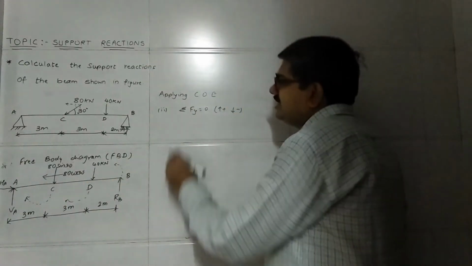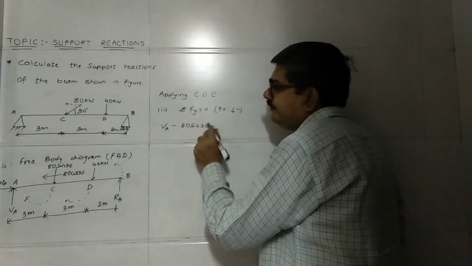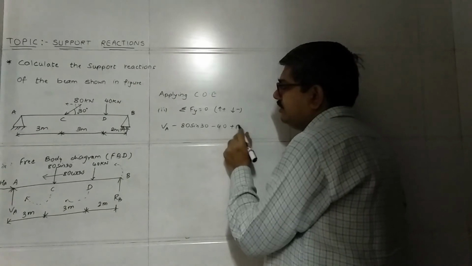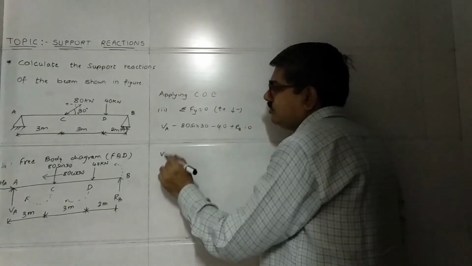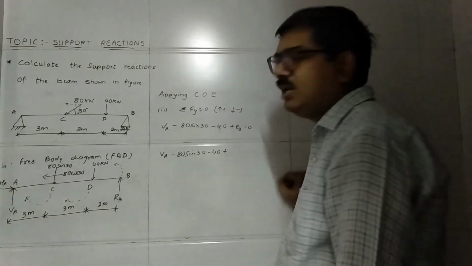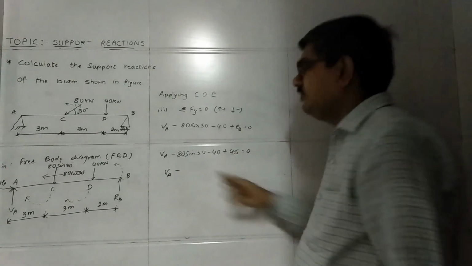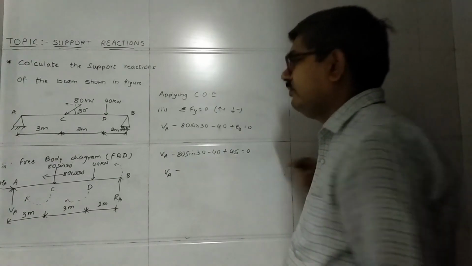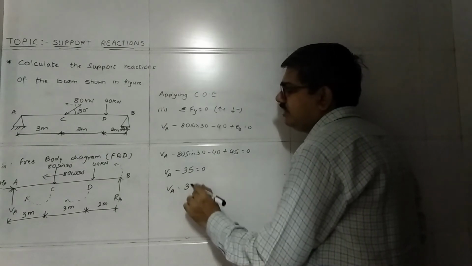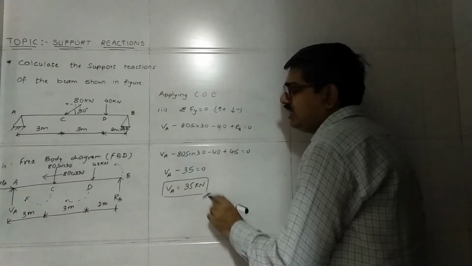Since VA is acting in upward direction, positive sign, 80 sin 30 in downwards, so minus 80 sin 30, 40 again downwards, minus 40, and plus RB is equal to 0. So VA minus 80 sin 30 minus 40 plus RB, we got 45. So put the value of RB. When you solve all this using calculator, you will get 35. Bring this 35 to the right hand side, so you are getting VA as 35 kilonewtons.